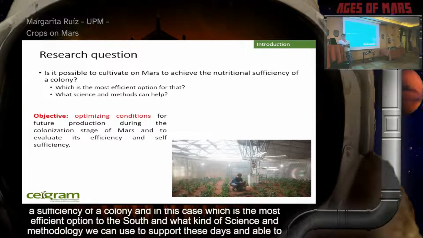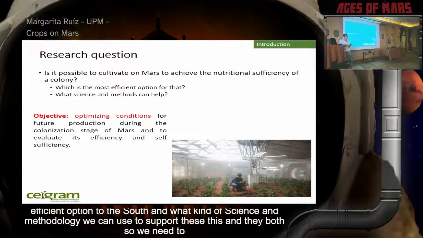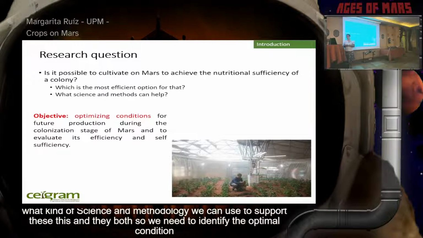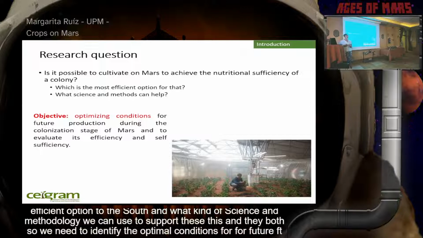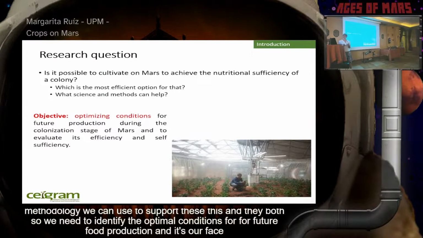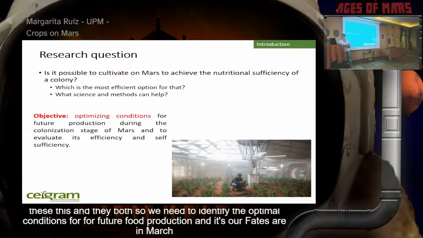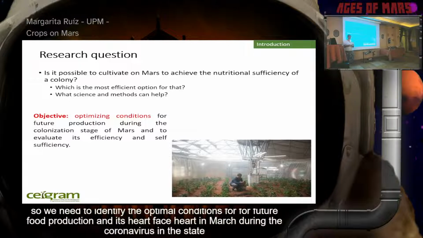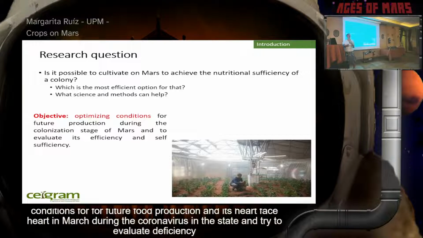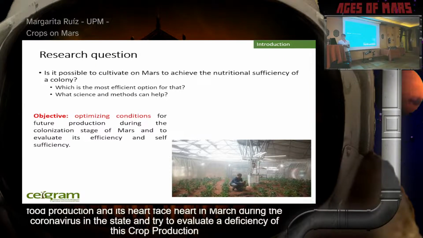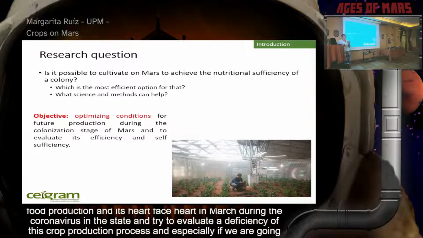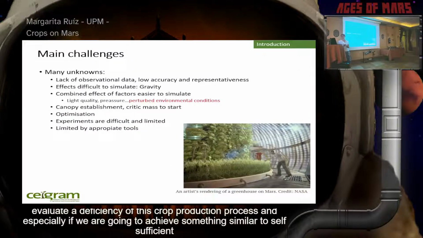So we need to identify the optimal conditions for future food production on the surface of Mars during the colonization stage, and try to evaluate the efficiency of this crop production process, and especially if we are going to achieve something similar to self-sufficiency.